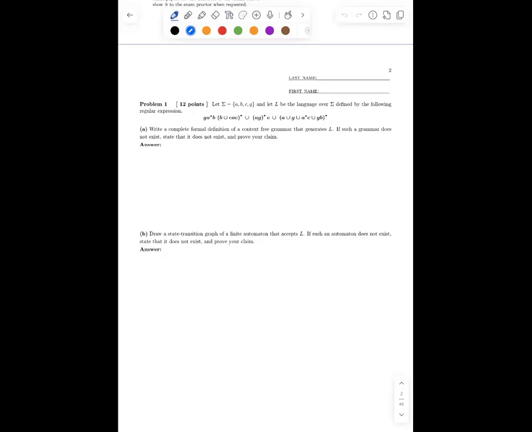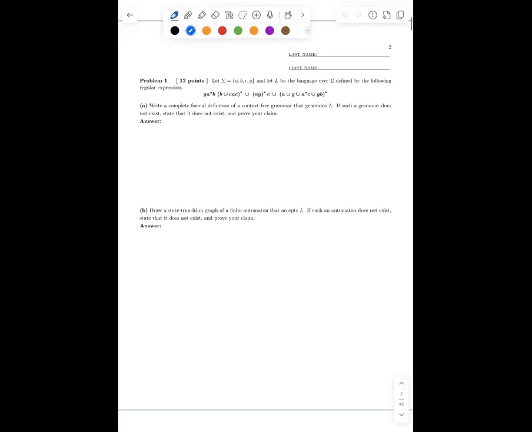We basically need to write a complete formal definition of a context-free grammar. What you need to make sure of is to always write G equals (V, sigma, P, S).